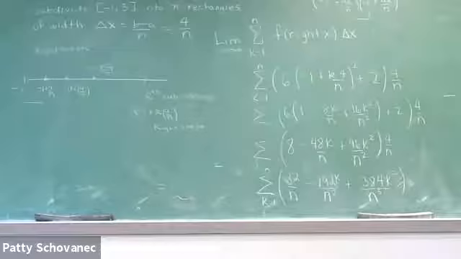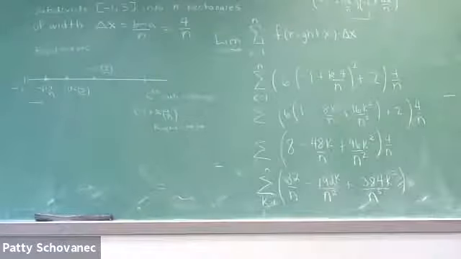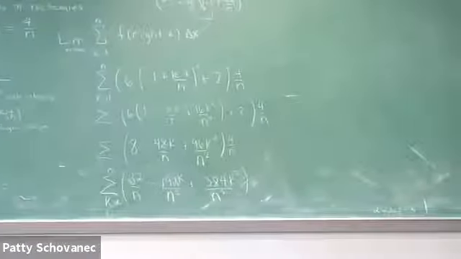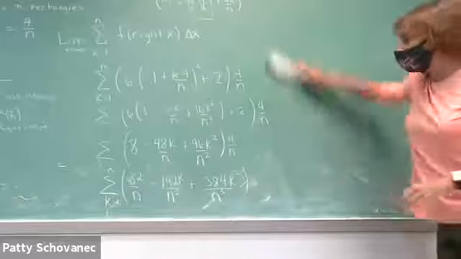All right, so that's a finite sum, which means I can break it up into 3 different pieces. And that's what I'm going to do next. It's an algebra problem right here.